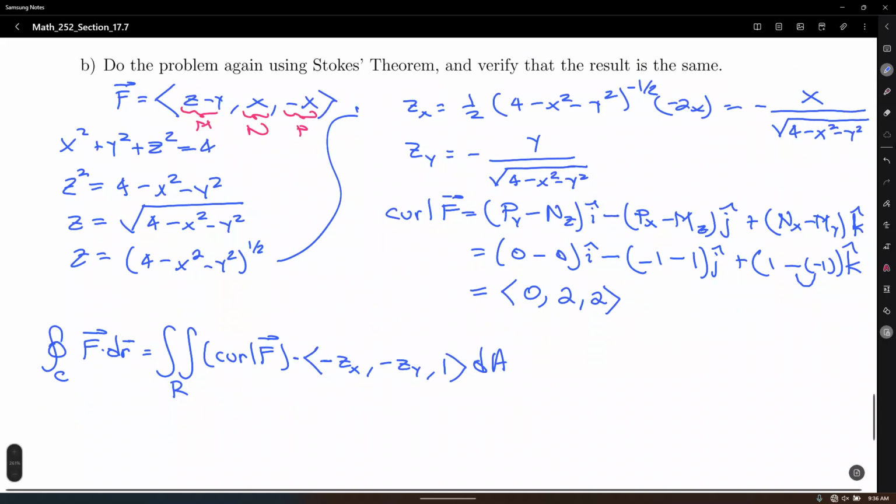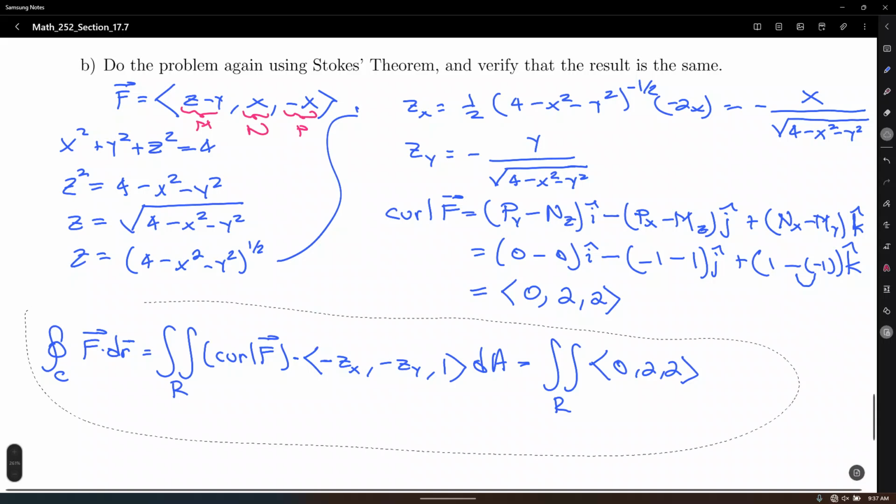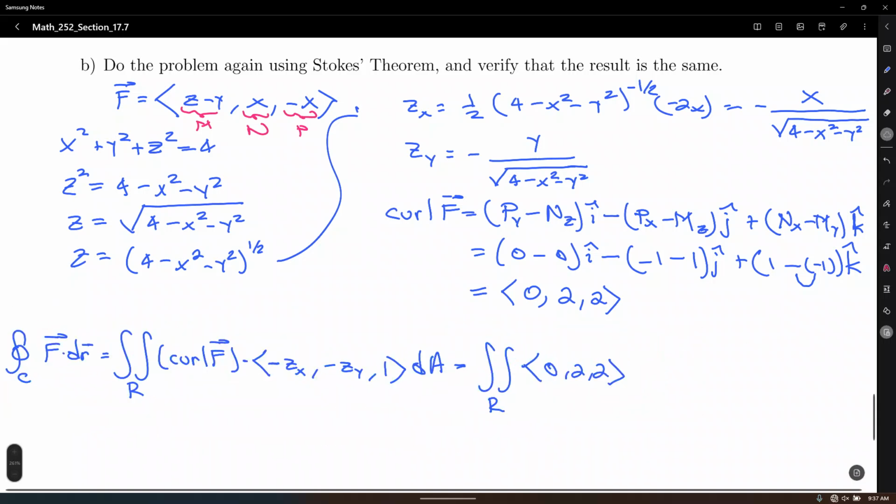Let's substitute and we will iterate later. For now, let's write the double integral over the region R, and let's write the curl vector, that is 0, 2, 2. I'm not going to have enough space, so let me make it smaller, move it. And that dotted with, careful, because you see how these partial derivatives are negative, and the vector in the integrand is negative.